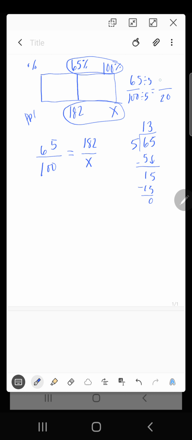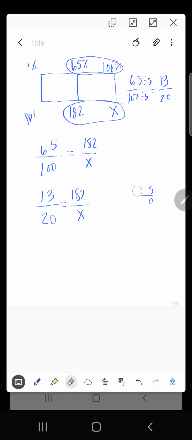So 65 divided by 5 is 13. So I'm going to rewrite it. Instead of 65 over 100, I'm going to rewrite it as 13 over 20 is equal to 182 over x. I'm going to go ahead and erase this over here so I have a little bit more room.